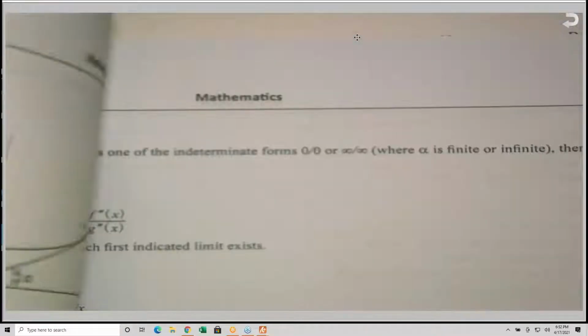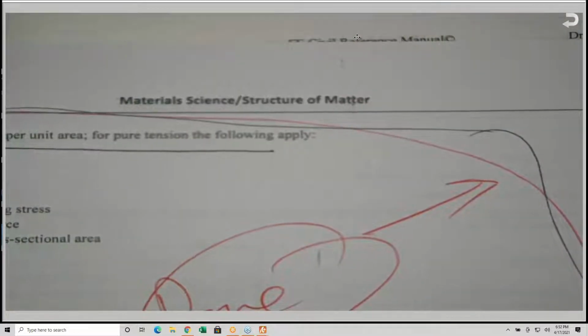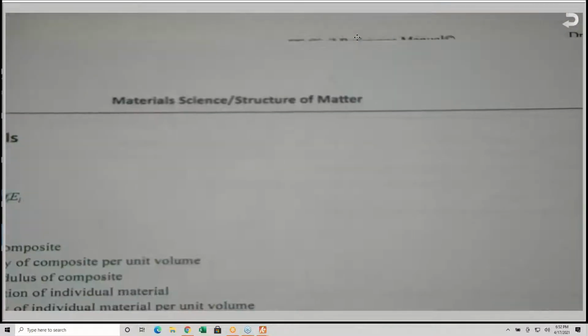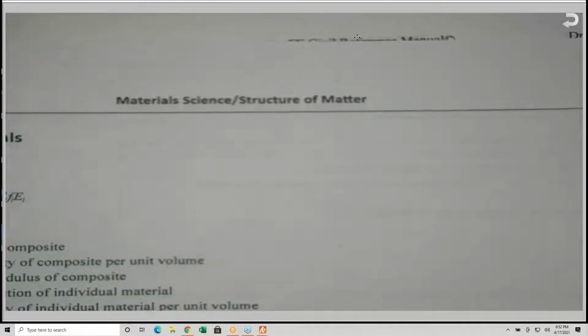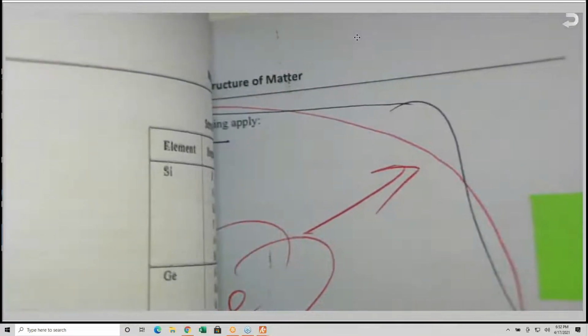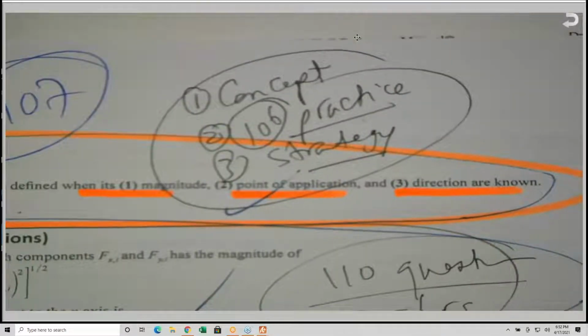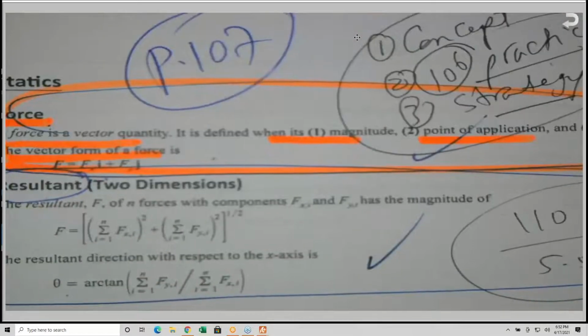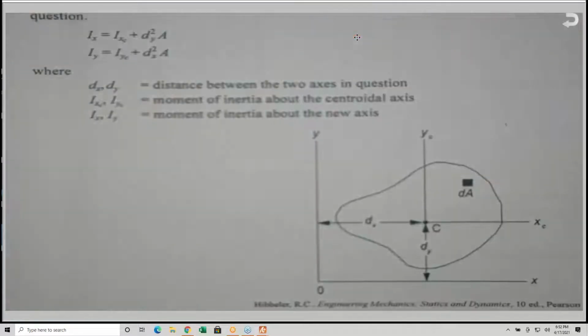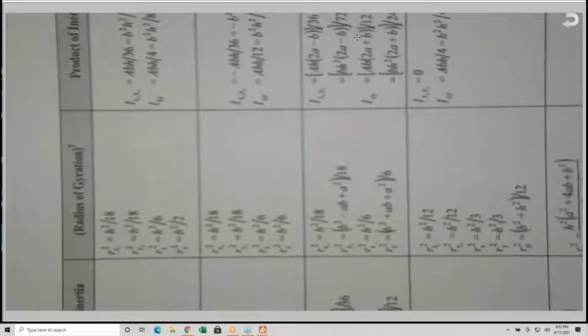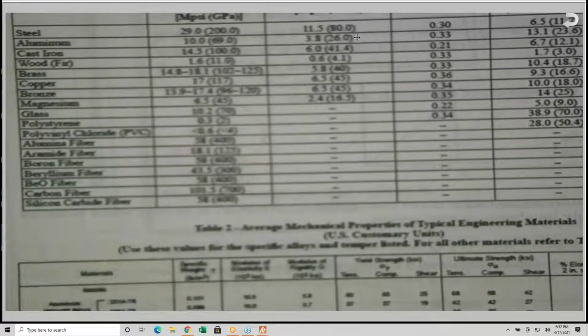For example, the statics we covered, where is it? Here it is. I will be glad to walk you through the tables at the end of the statics section, here it is.